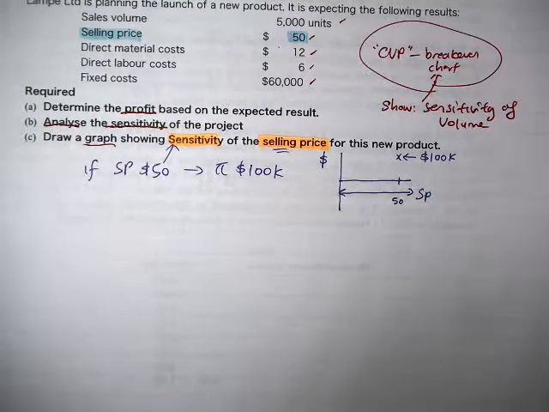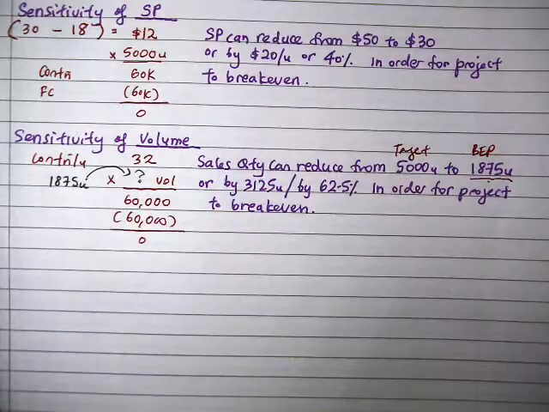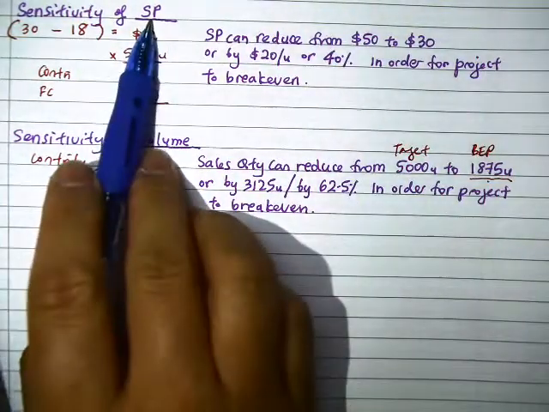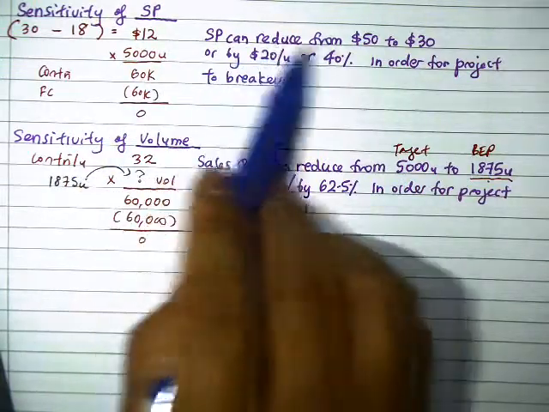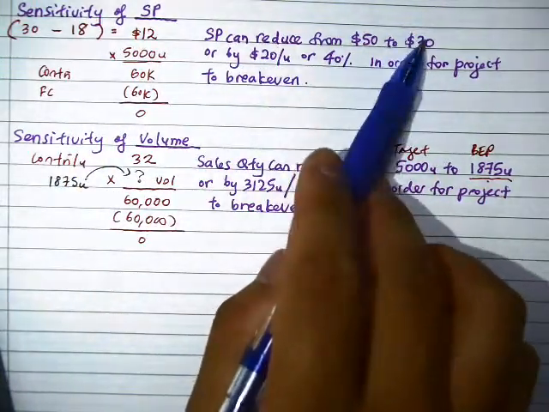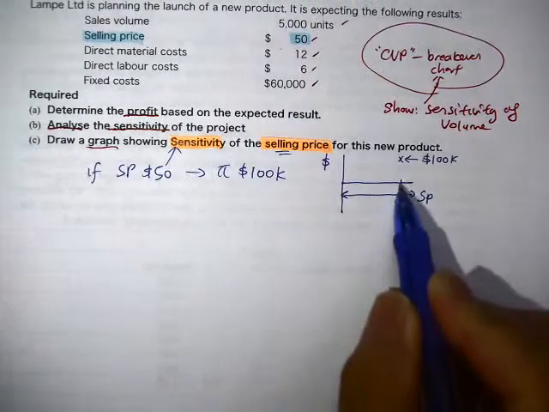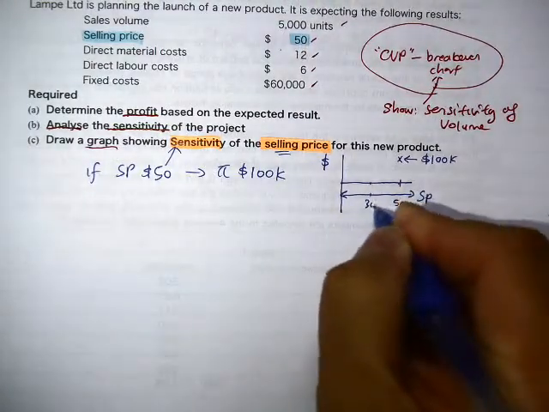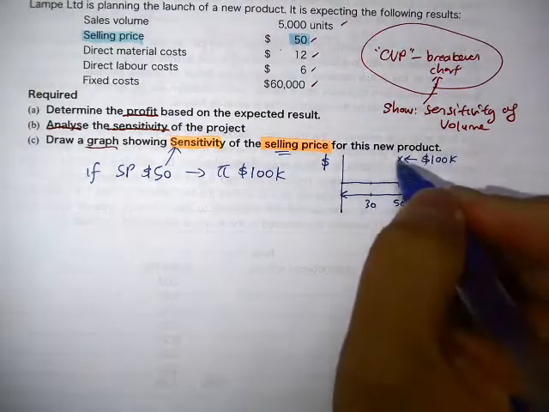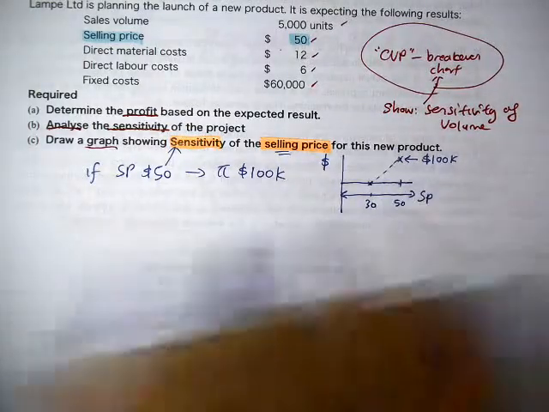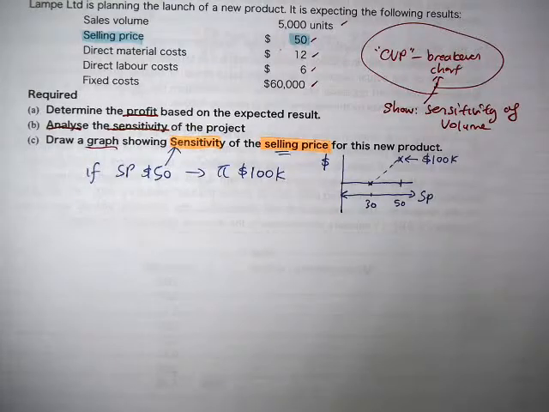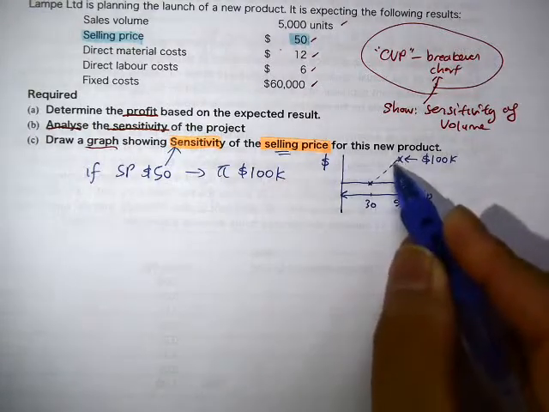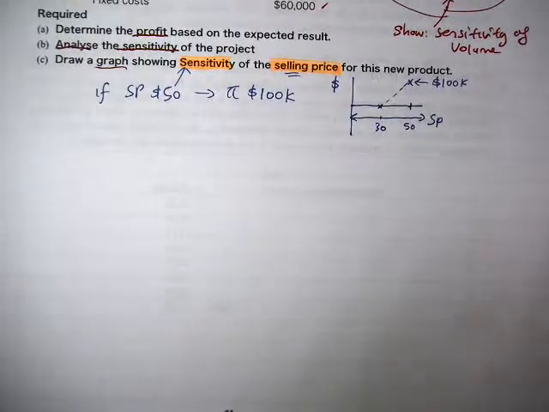Now, at what price you break even? The selling price can reduce to 30. That means 50, if you drop to 40, drop to 30. Let's say if you drop to 30, then your profit becomes 0.